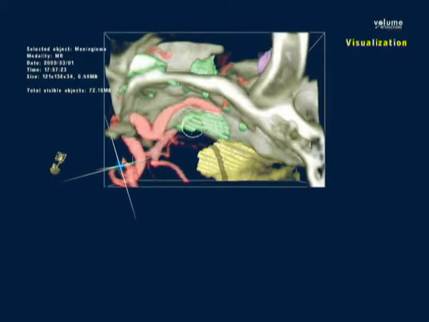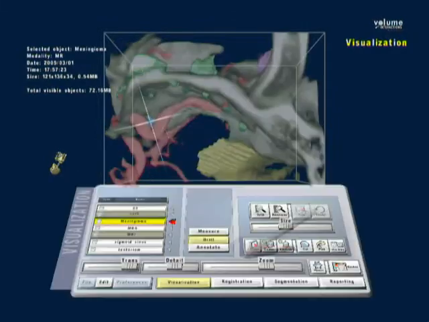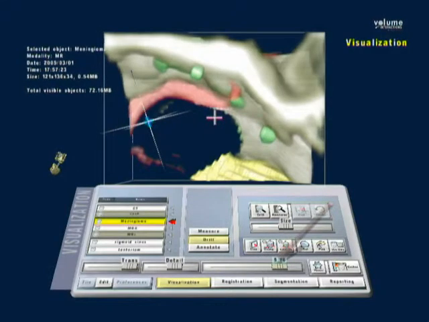And we're now going to remove this part along the bone drilling bit, which we have just simulated.